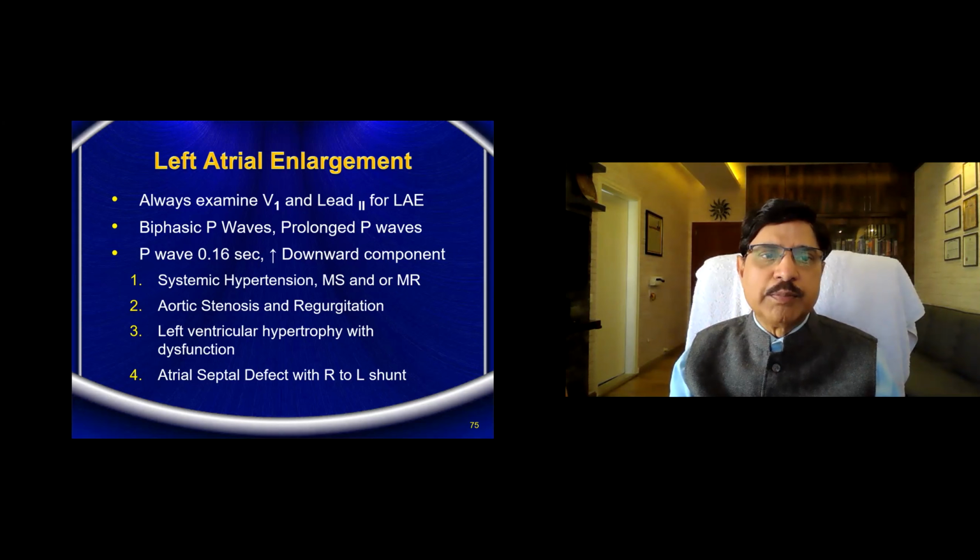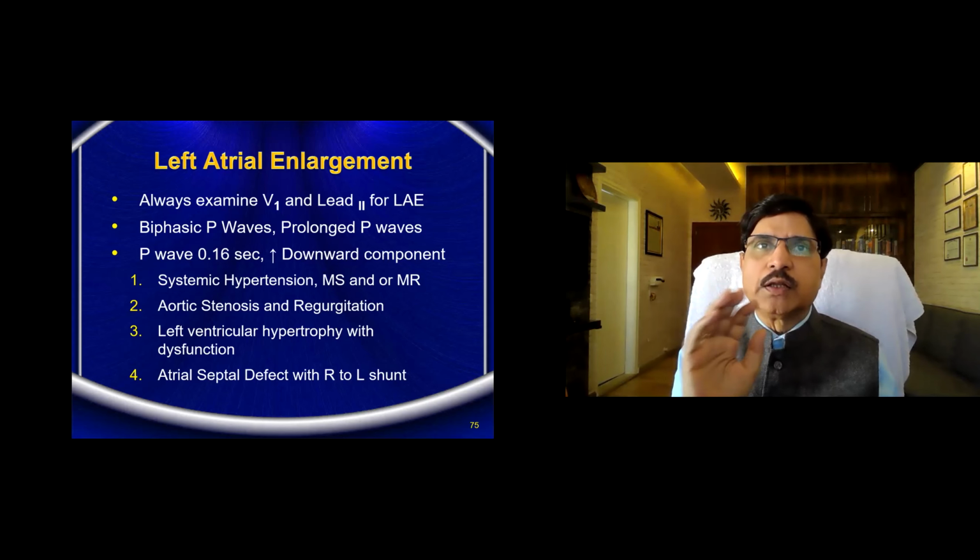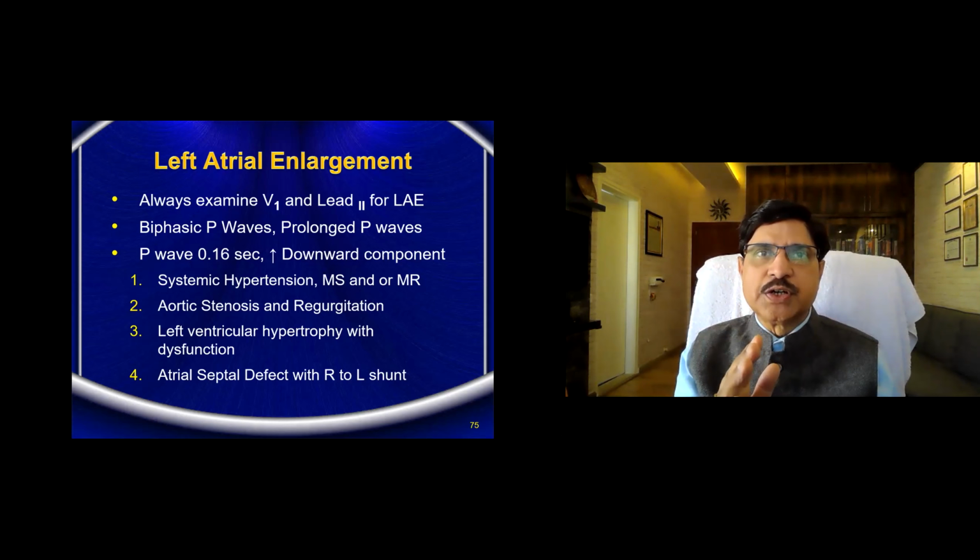So left atrial enlargement is characteristically present when V1 and lead 2 show a biphasic P wave, a prolonged P wave, duration greater than 0.12 seconds. The second component may be prominent and cross 4 millimeters. What are the conditions? Systemic hypertension, mitral stenosis, mitral regurgitation.